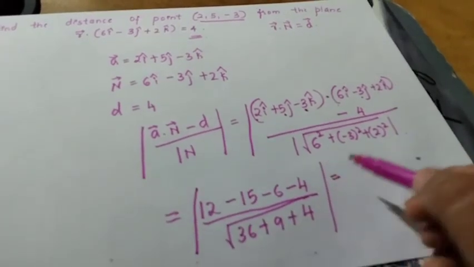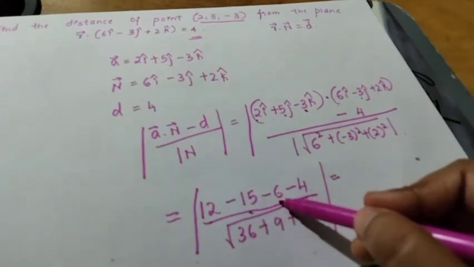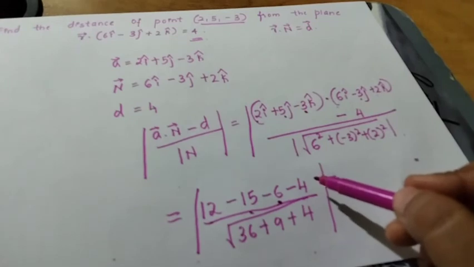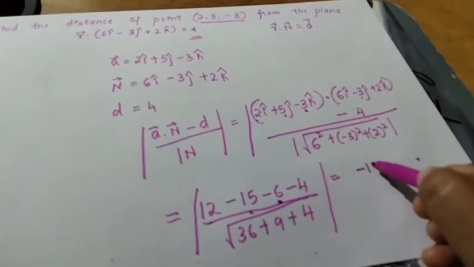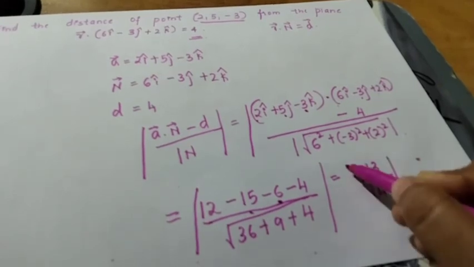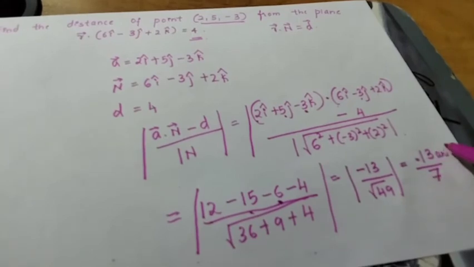So 12 minus 15 is minus 3, minus 6 is minus 9, minus 4 is minus 13. So minus 13 divided by root of 49. Distance will always be positive. This comes out to be 13 by 7 units.